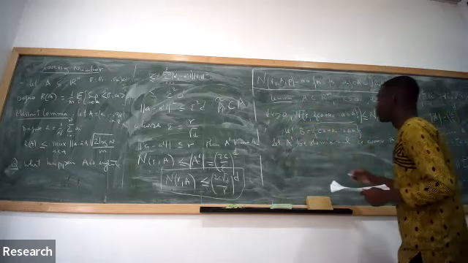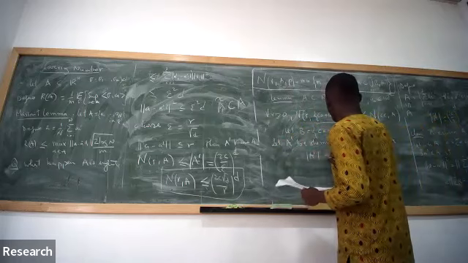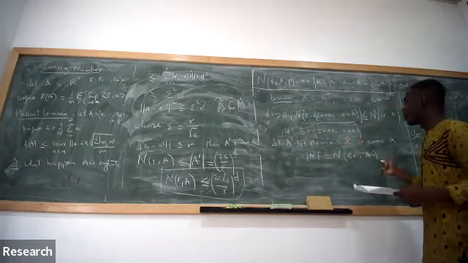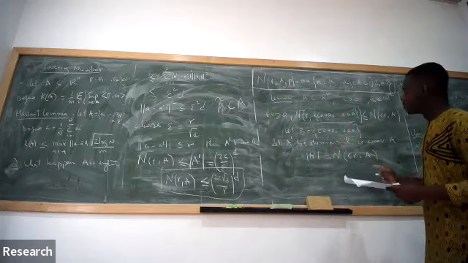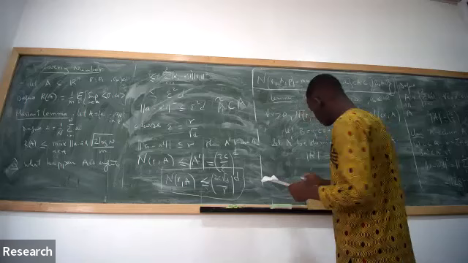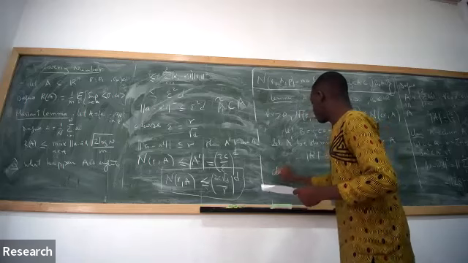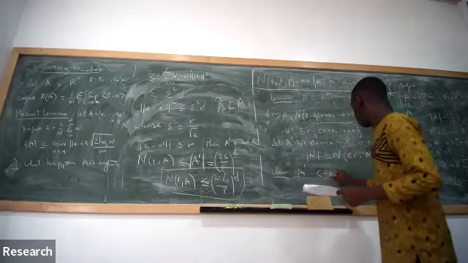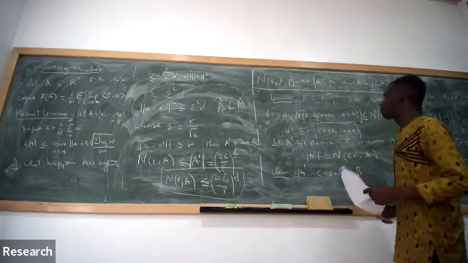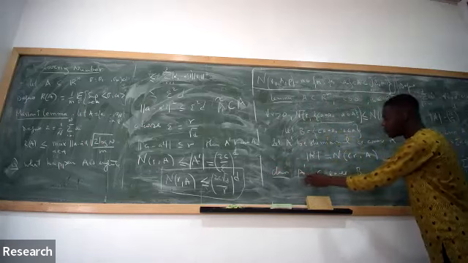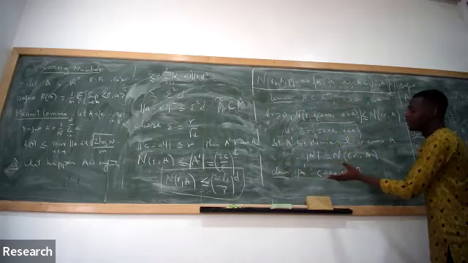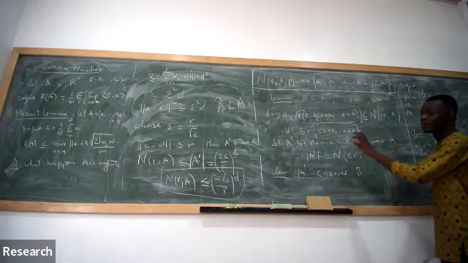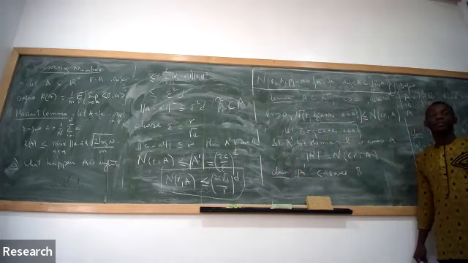That simply means that the size of A prime is actually N of A at scale R over C. That's what I mean by this. And I want to show that my A prime, after scaling, covers B. If I manage to prove that, then N of B should be less than or equal to the size of A prime, and then we are done.